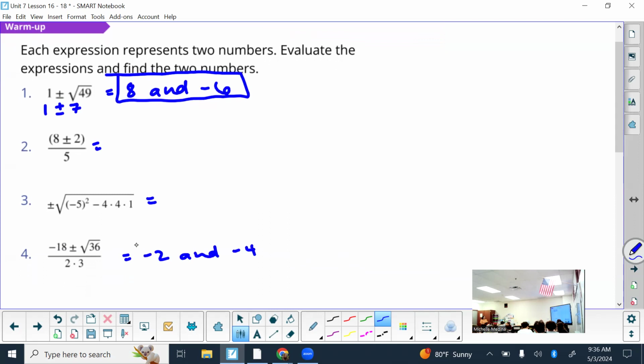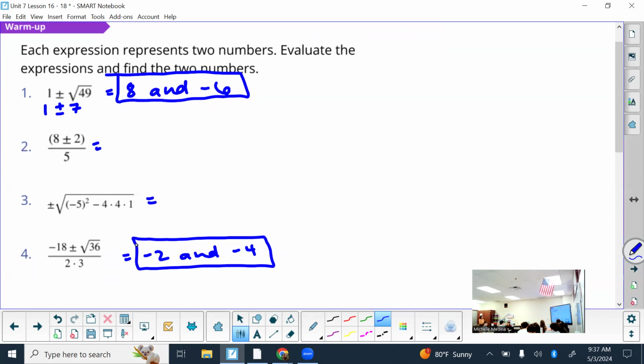Okay. Now, all of these are a bit of practice for parts of the quadratic formula. Number 4 looks most like the quadratic formula, like a certain step that you would simplify. So it's all about knowing your order of operations.